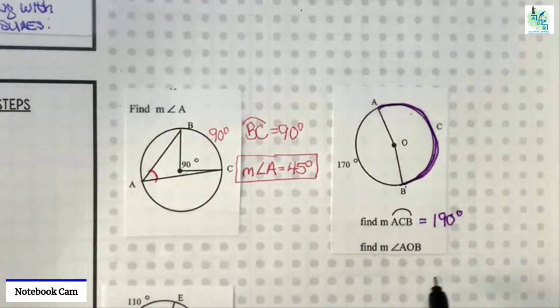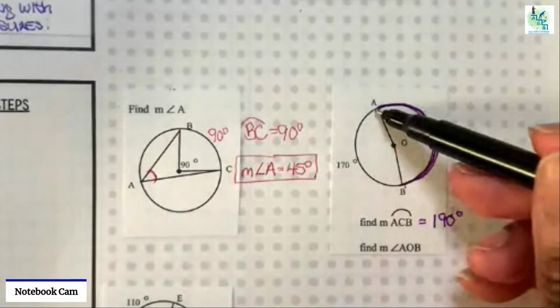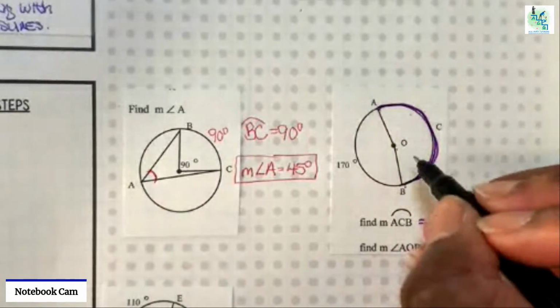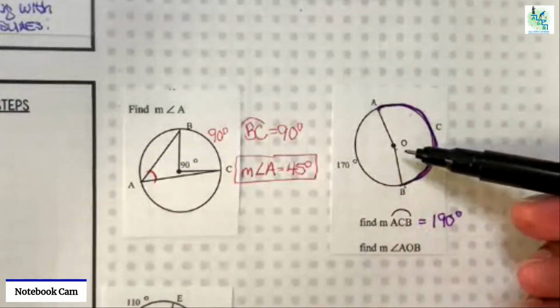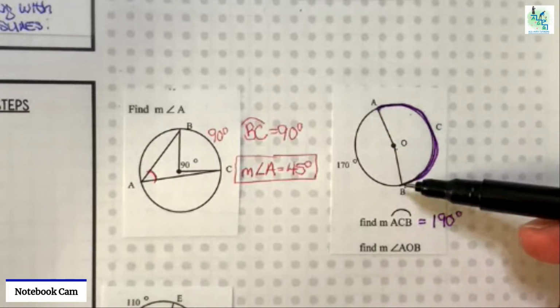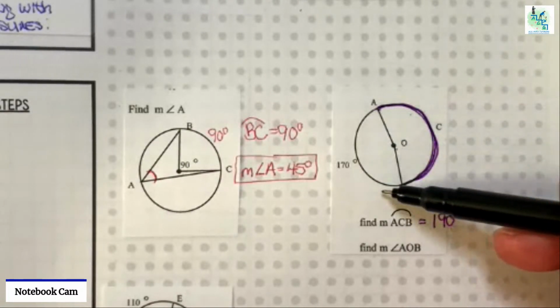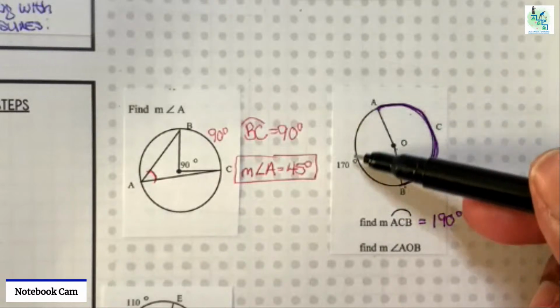So now they want us to figure out what is the measure of angle AOB. So AOB. O is my vertex. O is at the center of the circle. So that means angle AOB has to be a central angle. And if it's a central angle, that means its arc is the same measure.